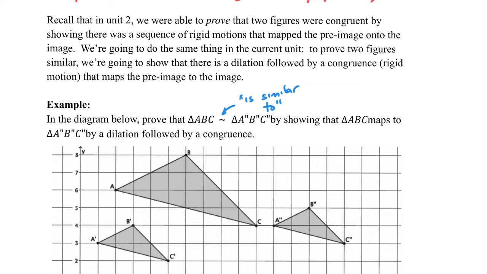Okay, that's what that symbol means, is similar to. And we are going to show that this object right here, the pre-image, is similar to this image right here by showing that there's a dilation followed by a congruence. And when I say congruence, this is fancy language for rigid motion.